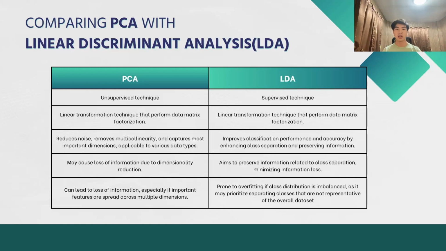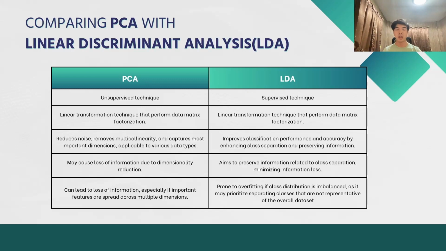Both are linear transformation techniques that perform data matrix factorization. PCA reduces noise, removes multicollinearity, and captures the most important dimensions. It is applicable to various data types. LDA improves classification performance and accuracy by enhancing class separation and preserving information.